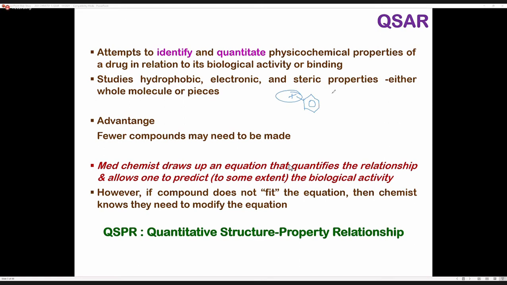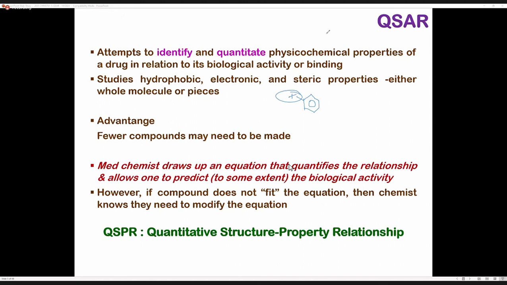Okay, so what we come out with in QSAR is an equation that describes the relationship between the biological activity we want and the descriptors. We call them descriptors, but they are actually like properties, the properties we want to look at. There are several properties that can contribute to the activity of that compound.